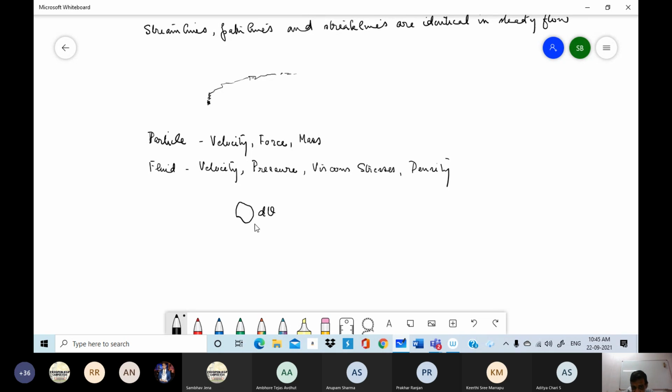If I know the pressure and viscous stresses, from that I should be able to calculate the total force acting on this, and if I know the density I should know the total mass of this. So from that I should be able to derive the equations governing the velocity of this element of fluid. So then there are two descriptions.